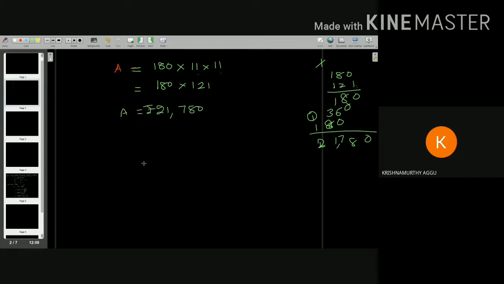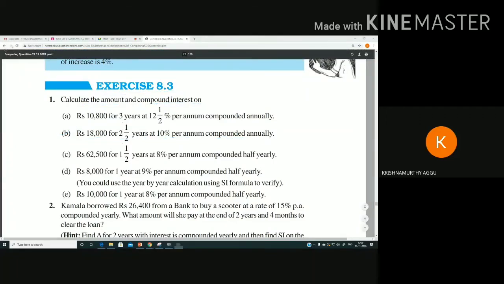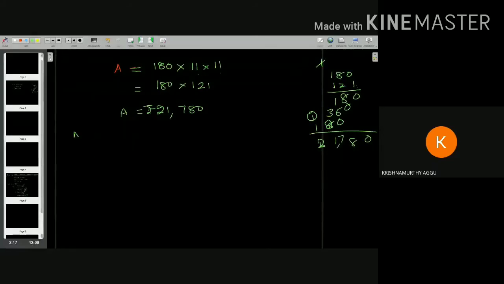Be very careful: in the question they are asking us to find it for 2.5 years, and we found it for only 2 years. This half year we will calculate simple interest. So what I am doing now, we have to find simple interest on this amount, not on the original amount.